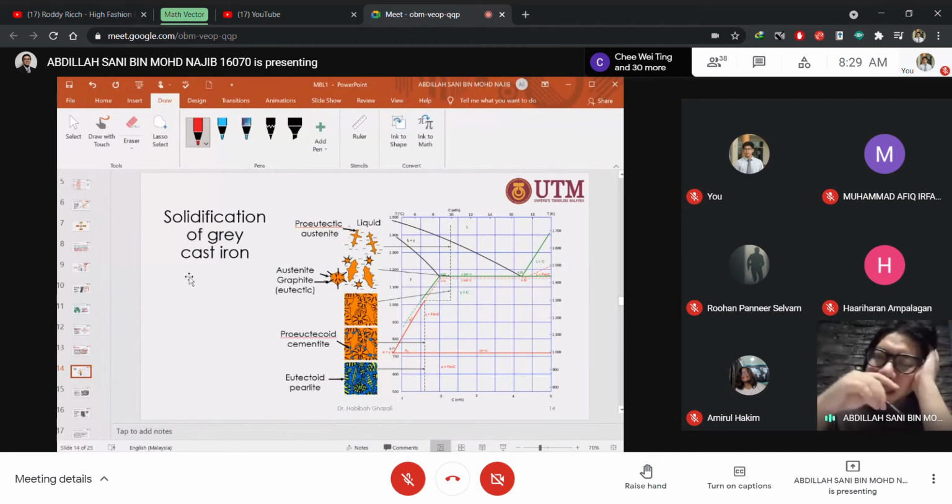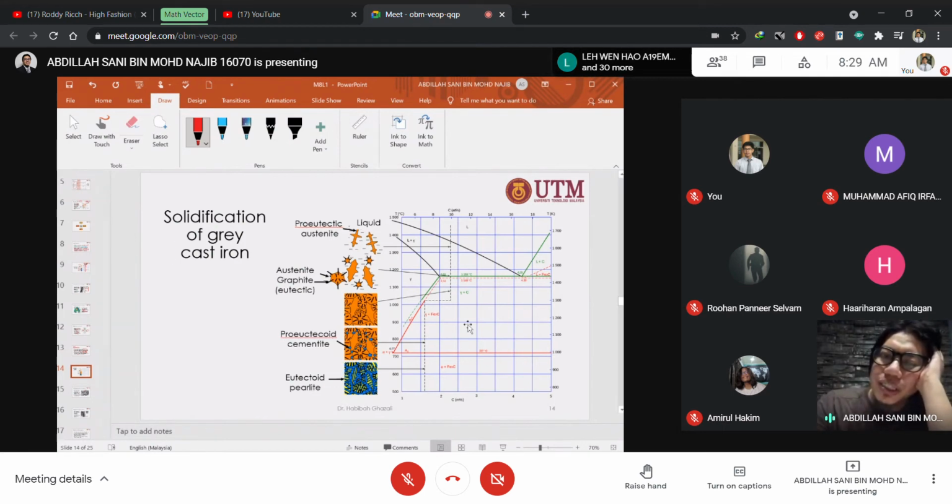Similarly, we have the liquid in the first place, and then as we pass this line, partially it solidifies into austenite, and this is what we call the pro-eutectic austenite.